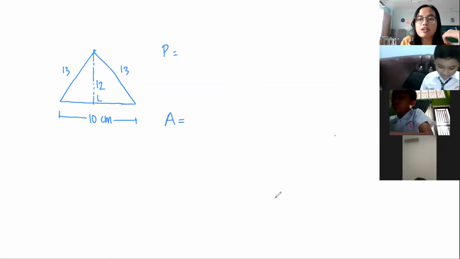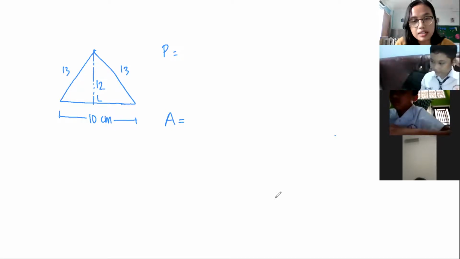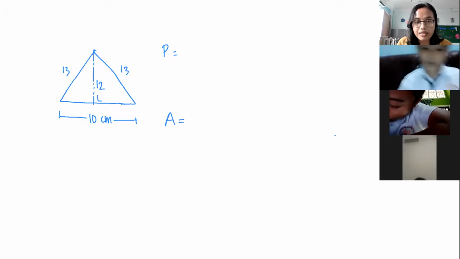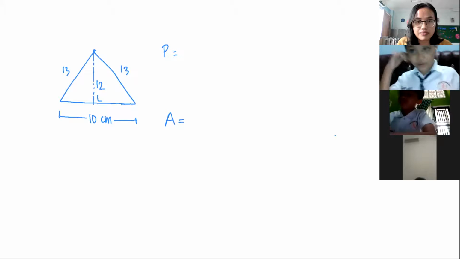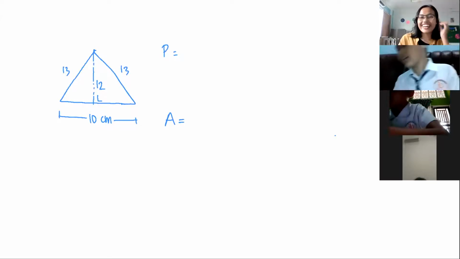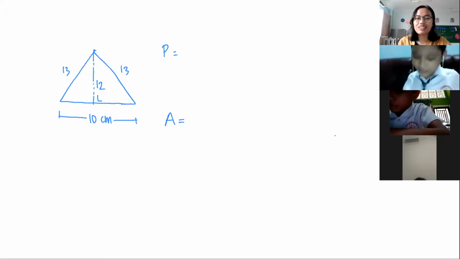You can type your answer, Rehan. 35. That's the perimeter. Alexandra says her connection is not good. It's okay. Gilbert is done. Someone has answered number 4, but first we will discuss number 3, and then we continue to number 4.